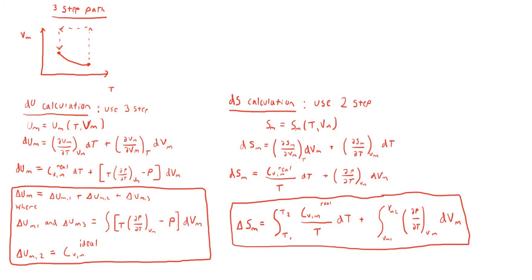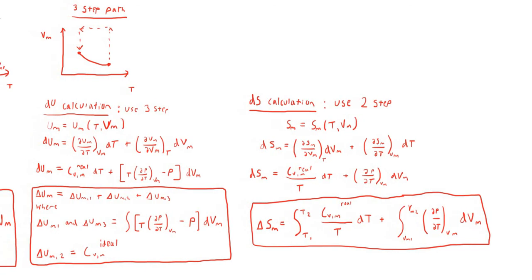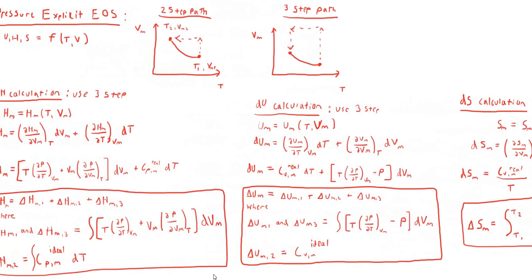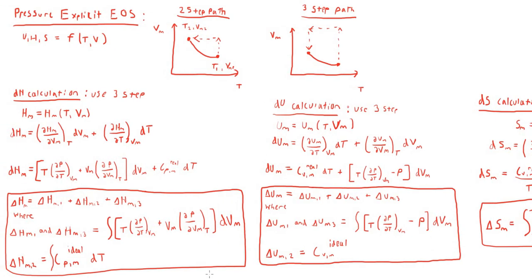These are the final expressions for how to calculate a change in entropy, internal energy, or enthalpy for a hypothetical process.